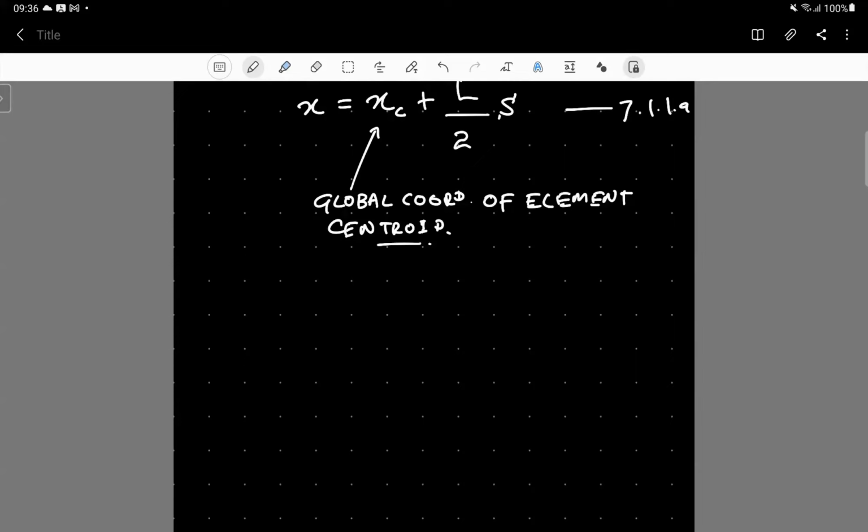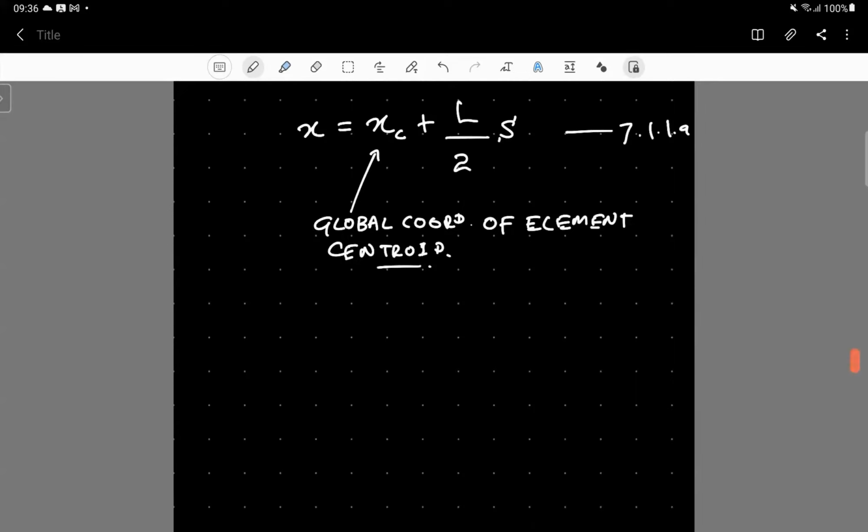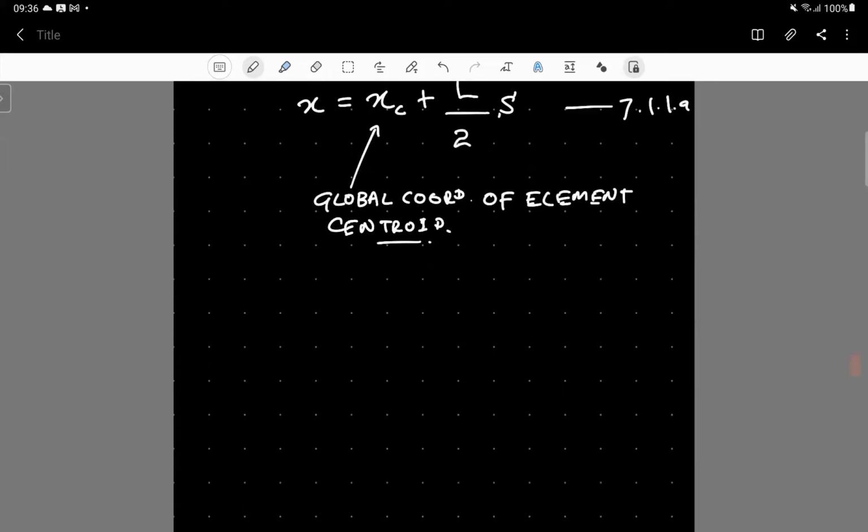Using this equation which I have just written, which maps the global coordinate system to the local coordinate system, we can express the natural coordinate system, or s terms, in the global coordinate system using the values which we have used in this problem. That is, using the x1 and x2 values, or let's say the boundaries in the global coordinate system, we can express the natural coordinate system.